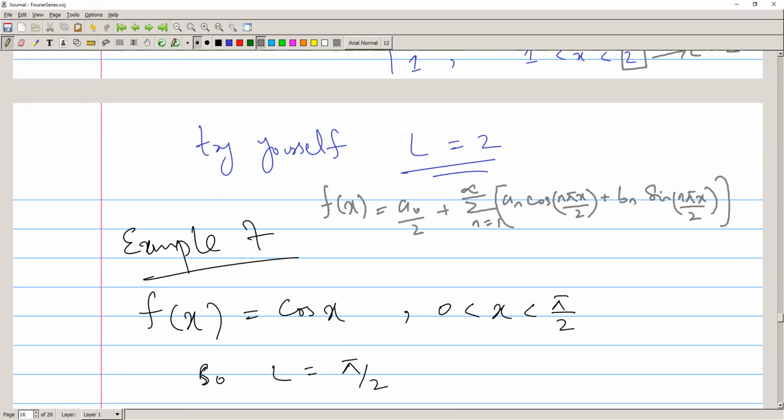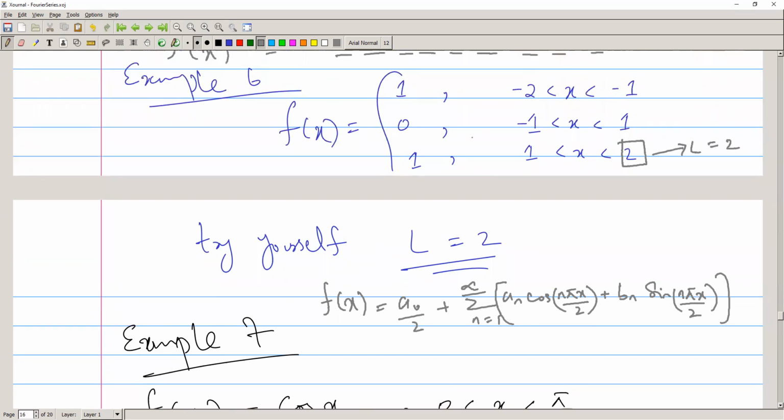And we have to integrate for a naught, an, and bn piecewise, right? First we integrate 1 from -2 to -1, then 0 is 0, and then 1 from 1 to 2.